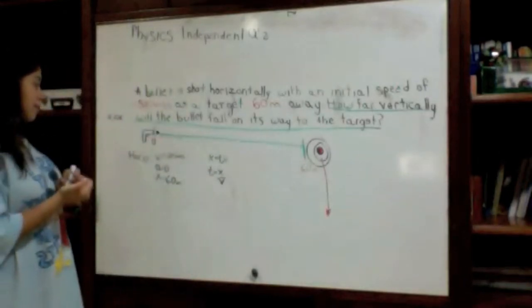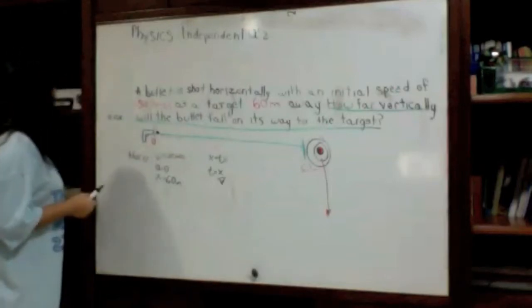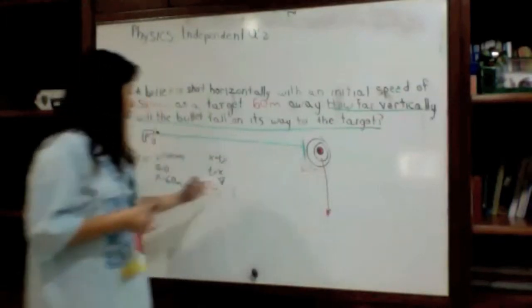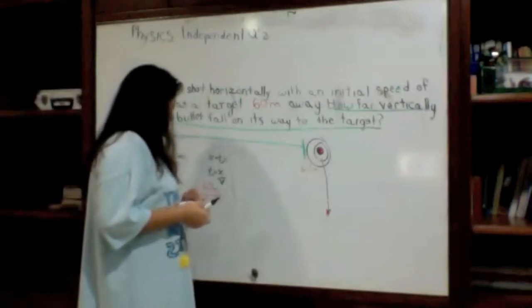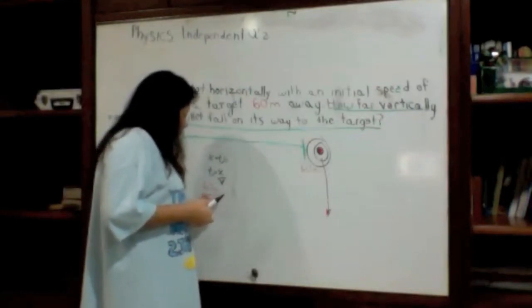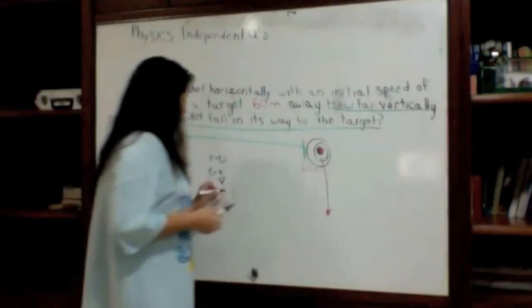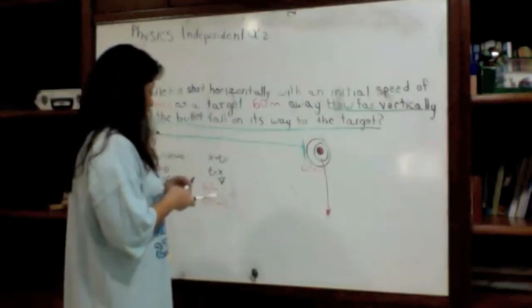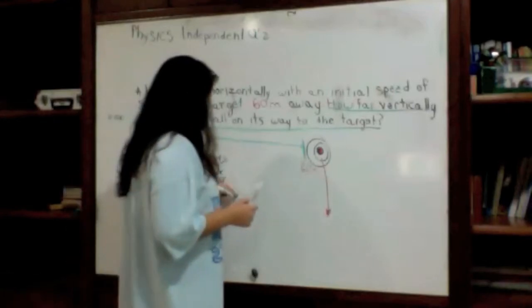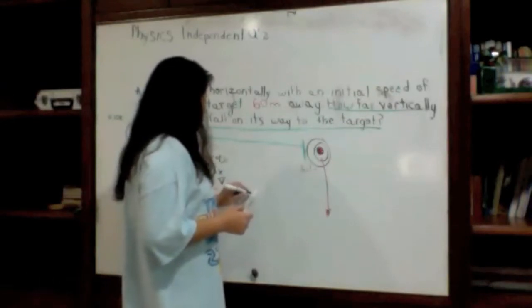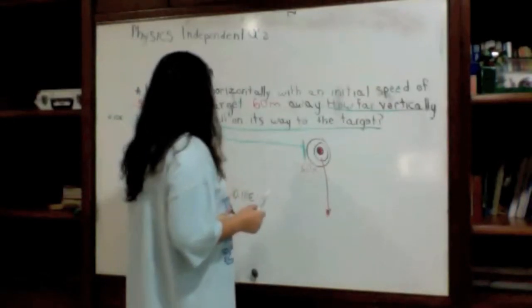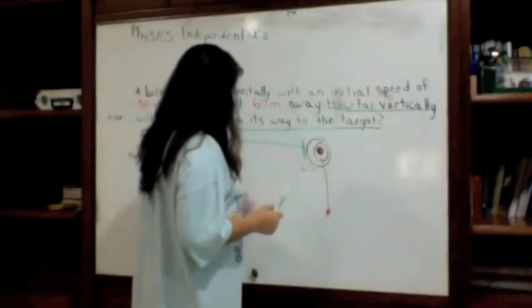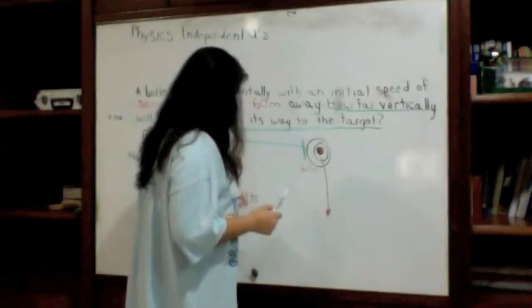Since we have a distance which is 60 meters, and we also have our initial velocity which is 580 meters per second, we divide the distance by the velocity, which gives us 0.103 seconds.